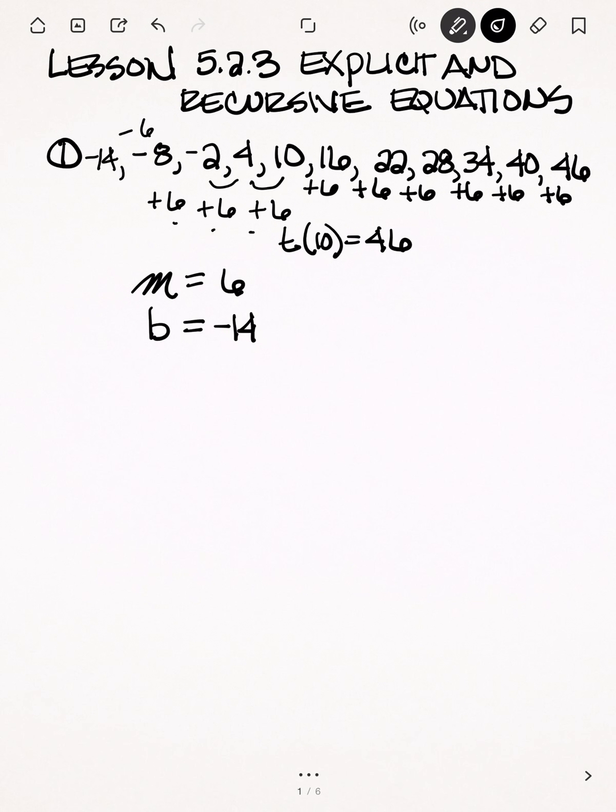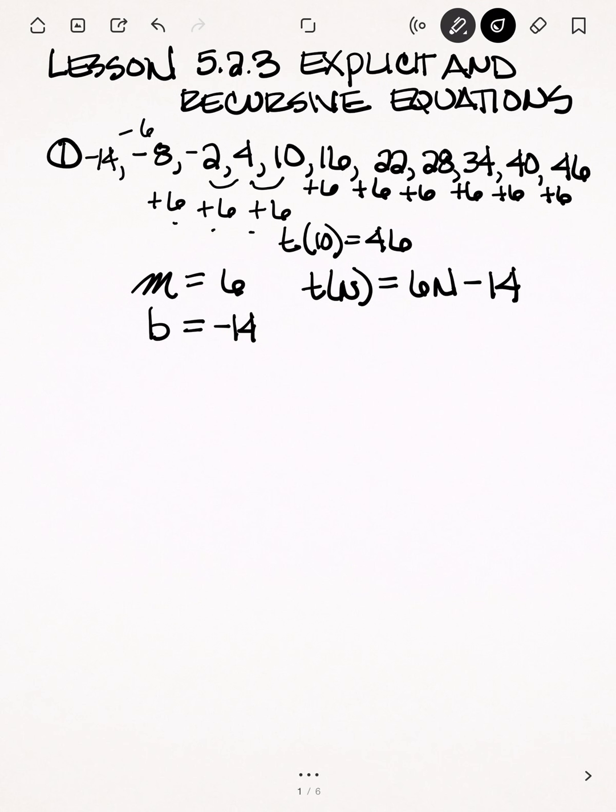I'm going to use t of n and n. So I'm going to say t of n, which is my y, is equal to mx plus b, or mn plus b. So my m is 6 times n, and my b is negative 14.